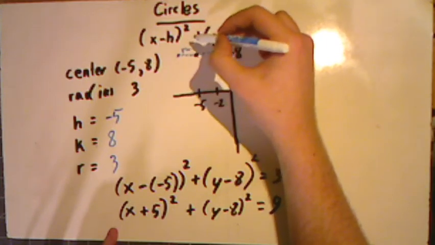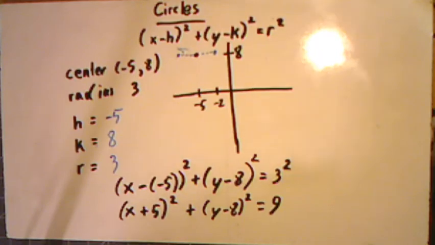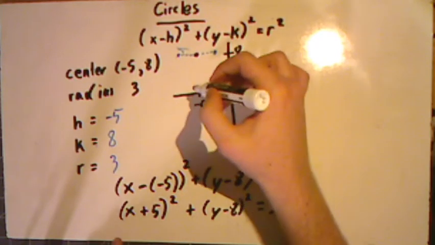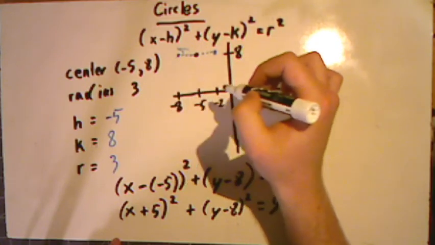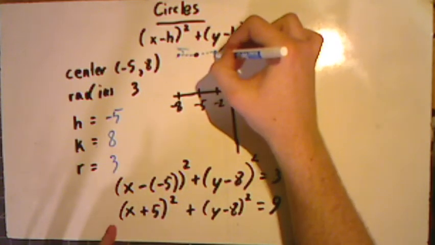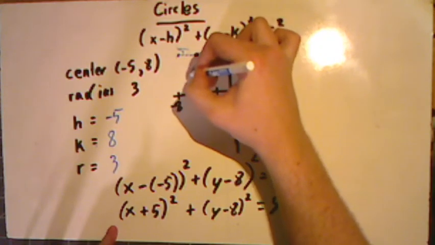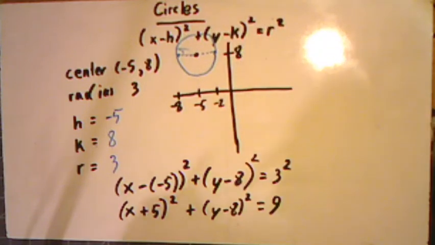This would be another movement of 3 over to the left, which would give you a -8. And so between the x values of -2 and -8, you would end up slowly getting the entire circle around that number. And that's what these x and y values are.